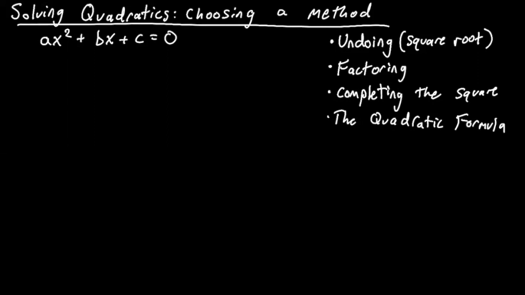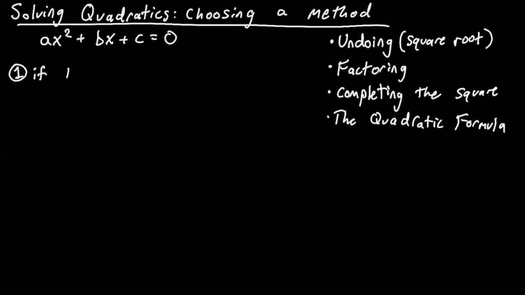So what we'll do right now is go through a checklist or a flowchart of what to look for when you're given a quadratic equation and how certain information about the equation can help you decide what method to use. So for example, to start off, if you're given a quadratic equation ax squared plus bx plus c, you can start off by looking at the b value.